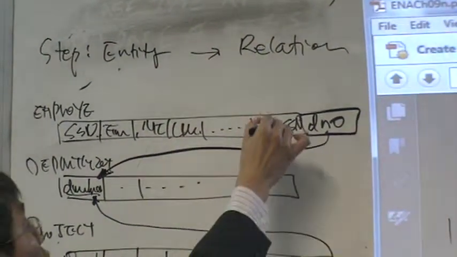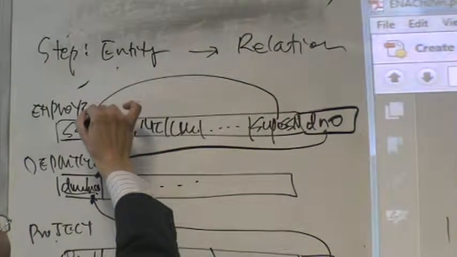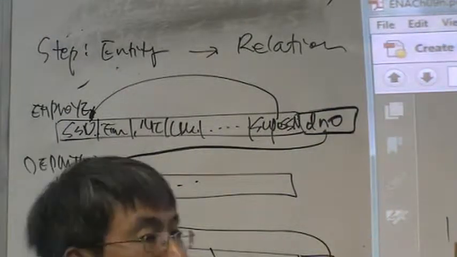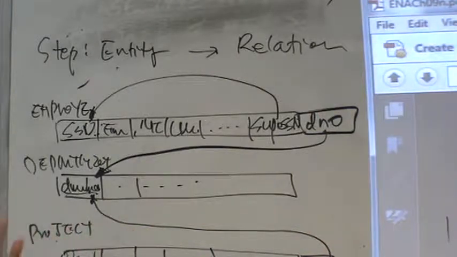So which means supervisor should exist in the employee, like this one. It's just a recursive. The relationship is a recursive foreign key. That's it. So that is one-to-many. In one-to-many relationship, we can create the foreign key. The only thing you should be careful is the direction. Which one from which one?